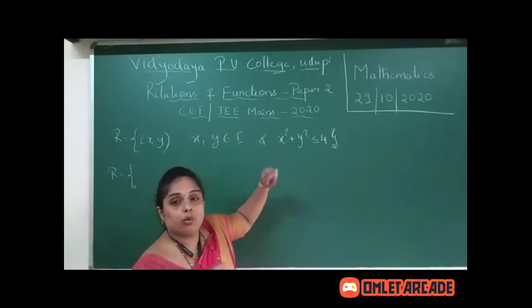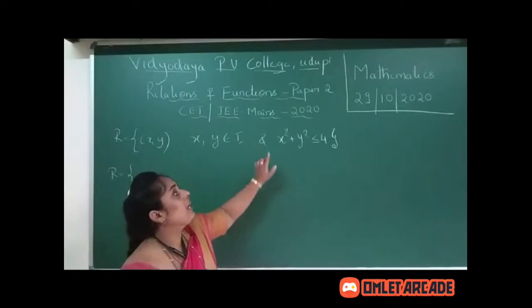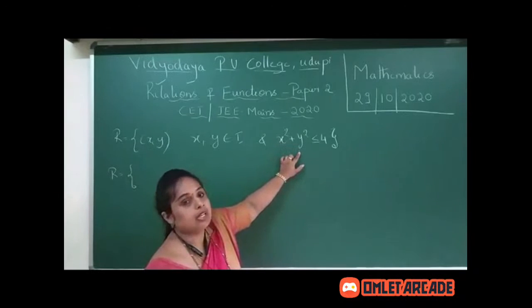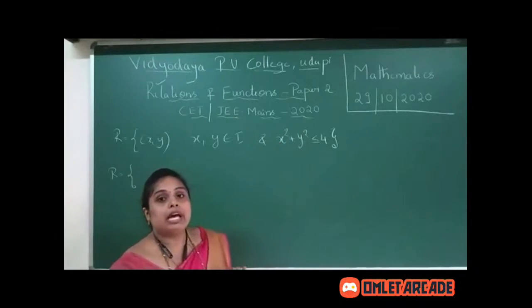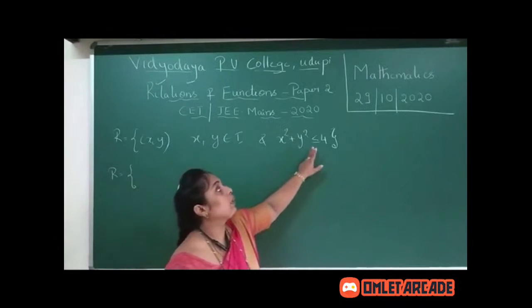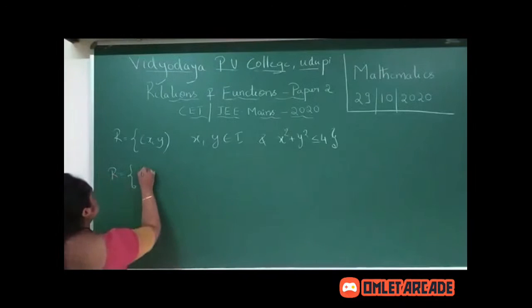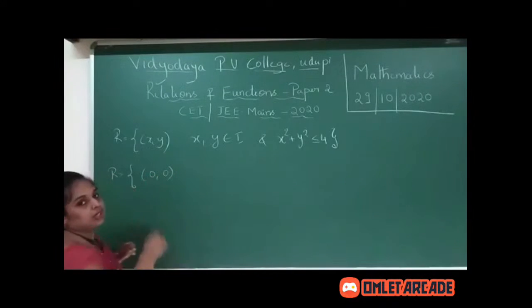So let us put x equal to 0 and y equal to 0: 0 square plus 0 square is 0, and 0 is less than 4, right? So I can substitute 0, 0.